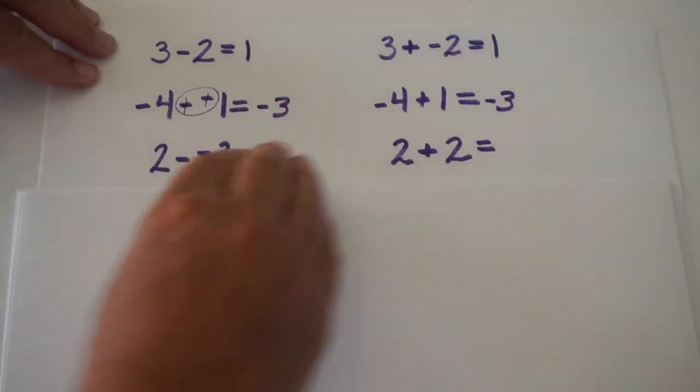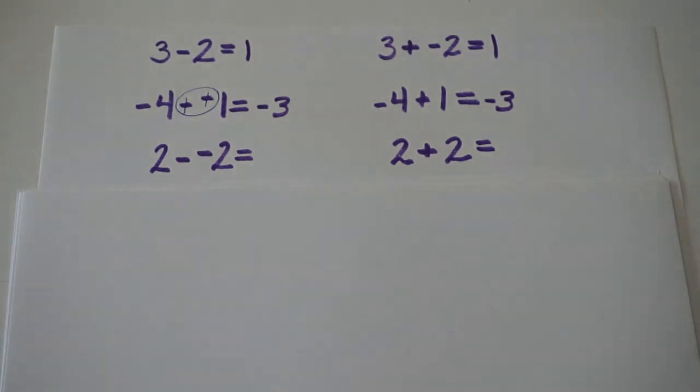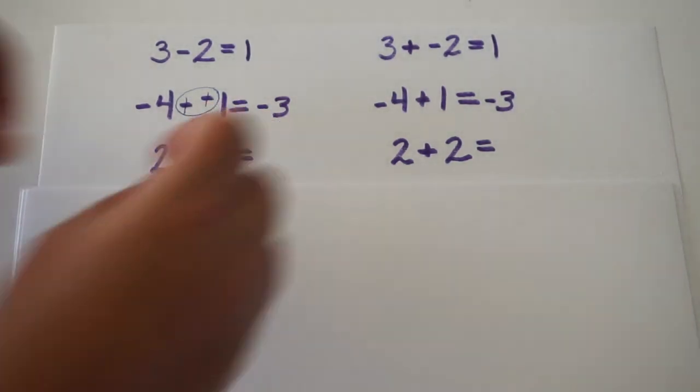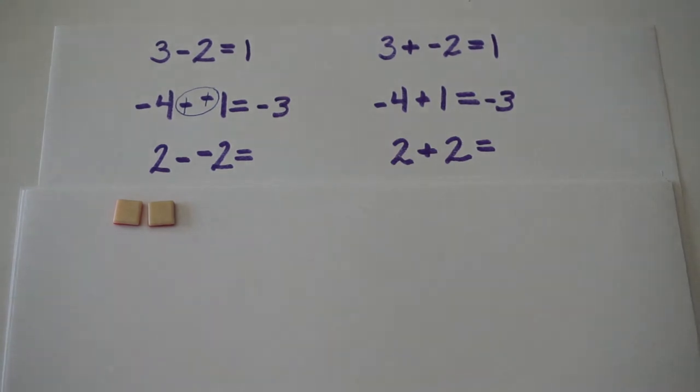Moving on to our next example. We have 2 minus negative 2. That is subtraction. We're going to use the takeaway model. So I represent the 2 in this way. There's our positive 2. But now I need to take away 2 negatives. I don't have any red markers in there. I can't take away 2 negatives. So what we do is we put some zero pairs in there.